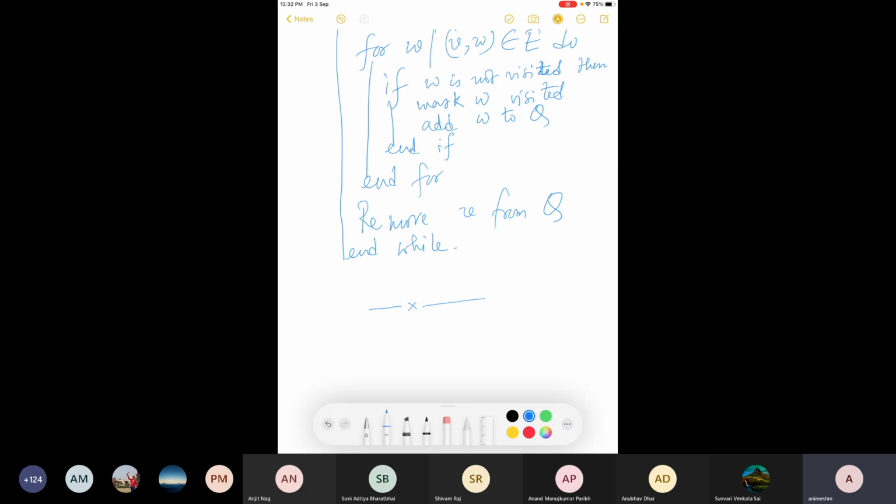I'm not giving an example for BFS like the one I gave for DFS, because Arijit is going to give you an example through last year's lab experiment.